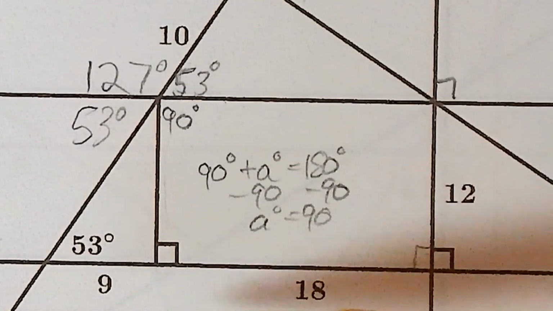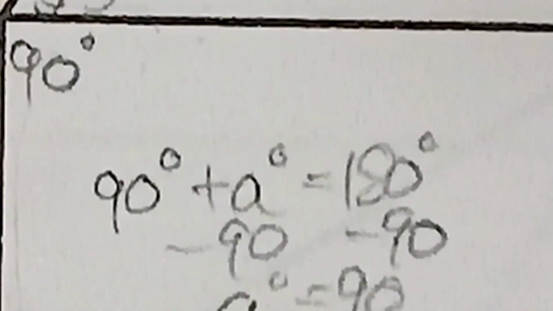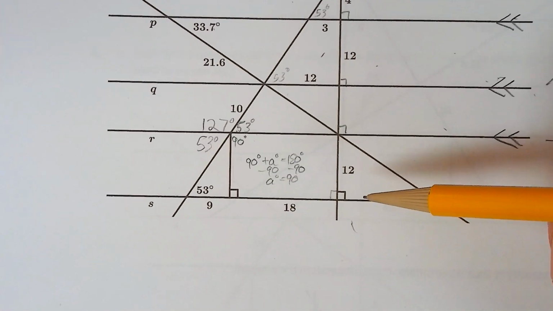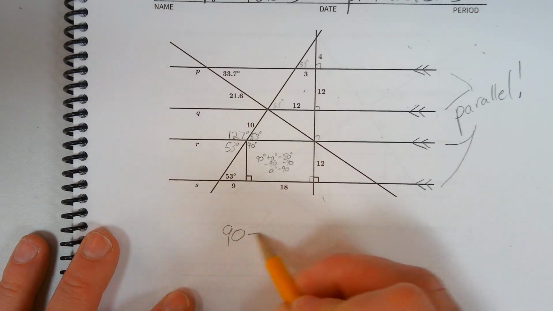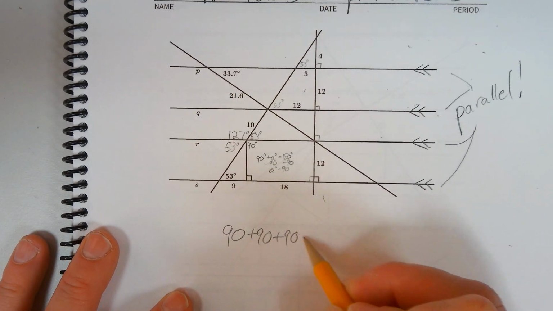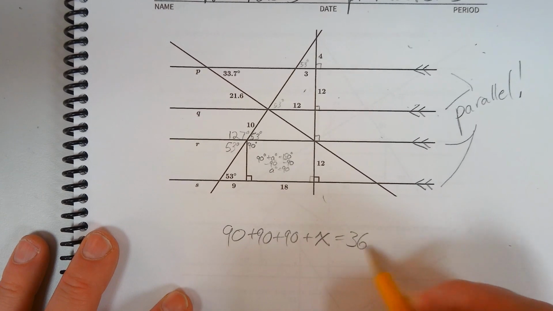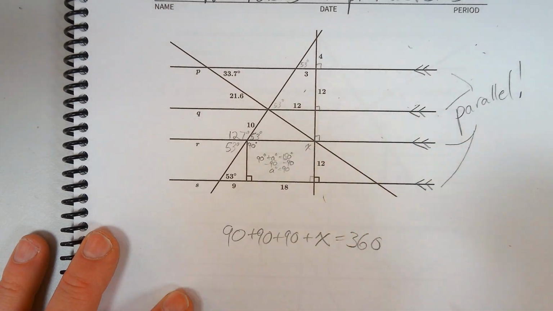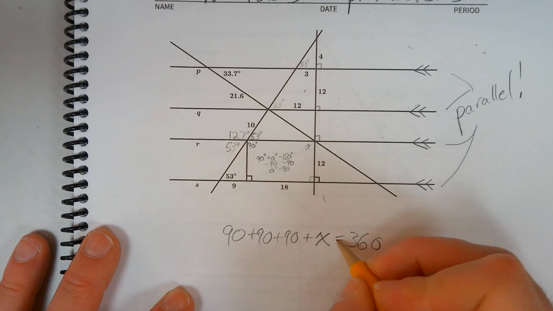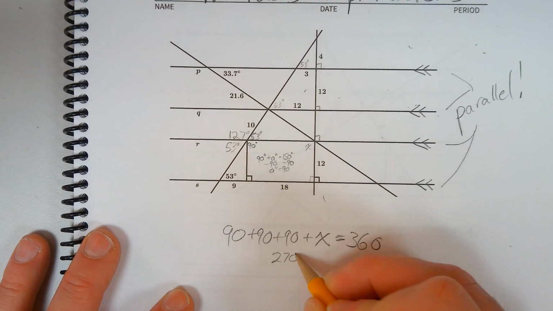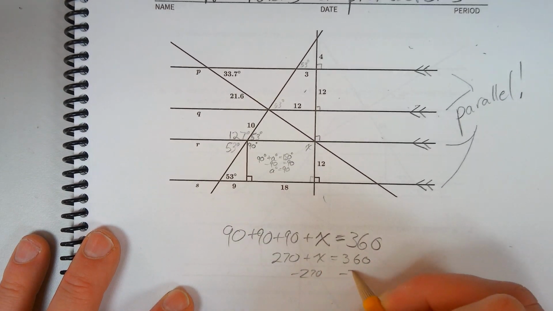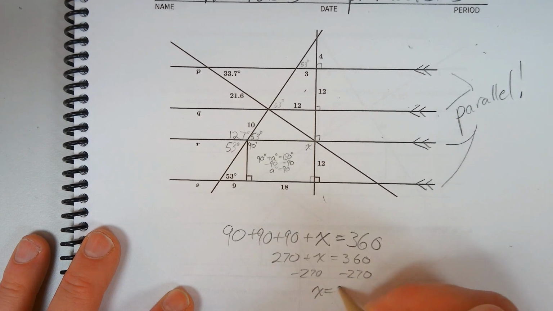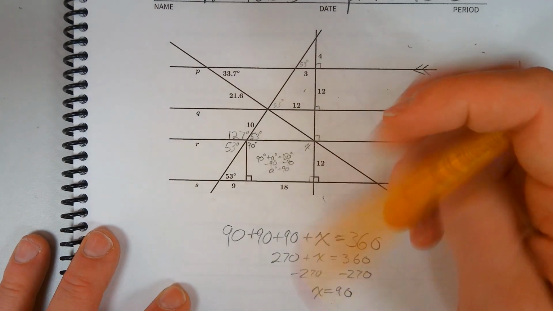Quadrilaterals add up to 360. And I'm zooming the wrong way. Come on. 90 plus 90 plus 90 plus x equals 360. This is the x. Let's do some algebra. Combine like terms. Subtract. Oh, it's also a 90. x is also 90.